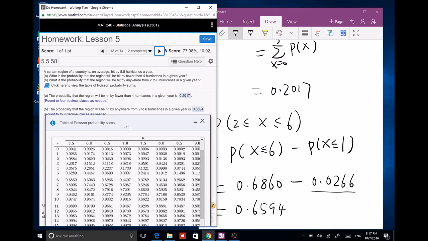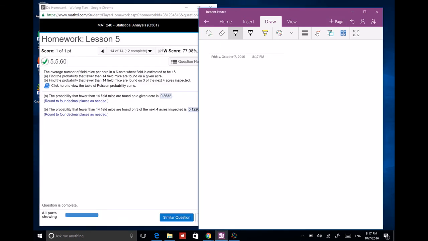Okay, so last question. The average number of field mice per acre in a 6-acre wheat field is estimated to be 15. So the average is mu equals 15. Find the probability that fewer than 14 field mice are found on a given acre.